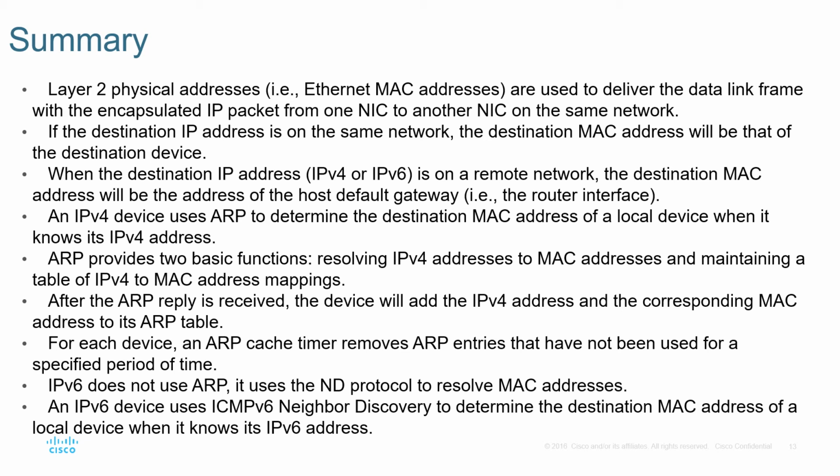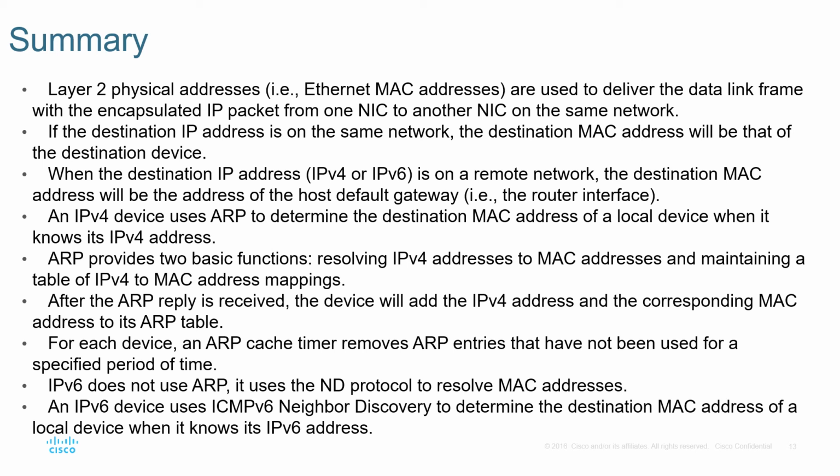An IPv4 address uses ARP to determine the destination MAC address of a local device when it knows its IPv4 address. ARP provides two basic functions: resolving IPv4 to MAC addresses and maintaining a table of IPv4 to MAC address mappings. After the ARP reply is received, the device will add the IPv4 address and the corresponding MAC address to its ARP table.